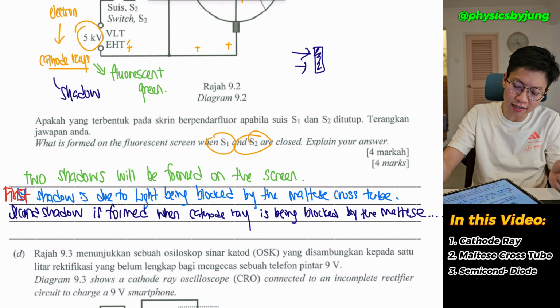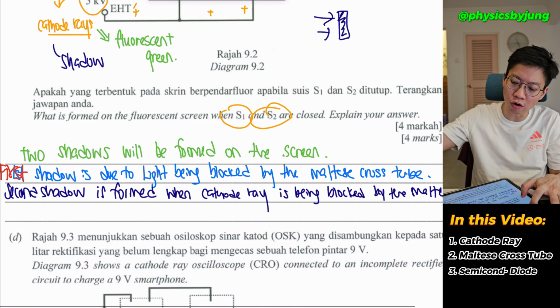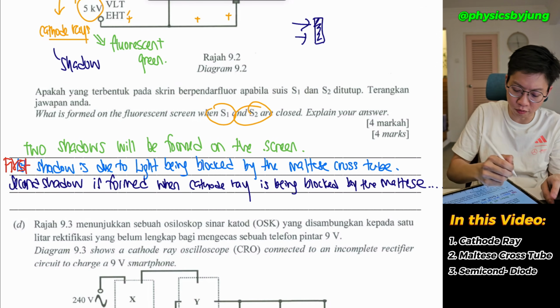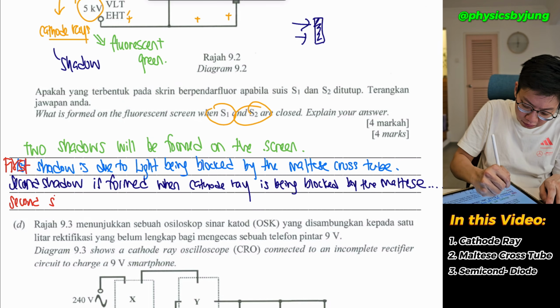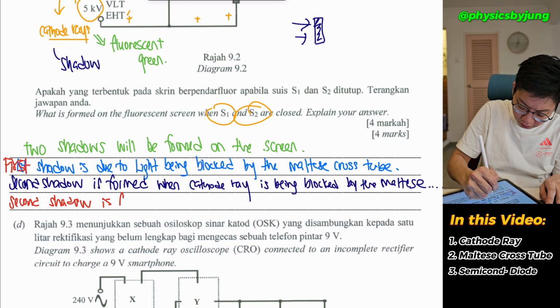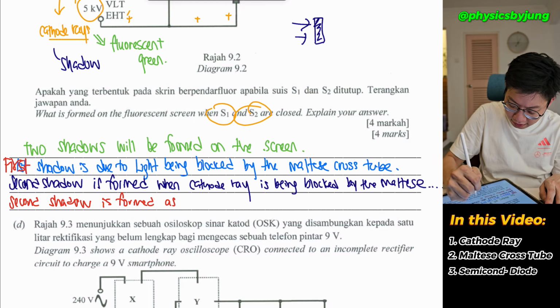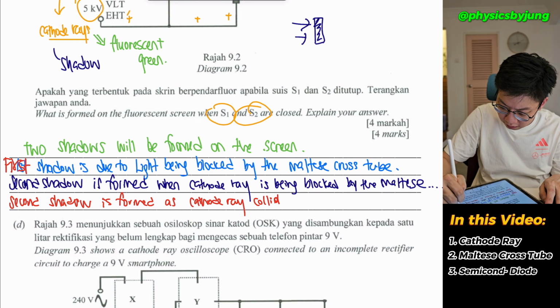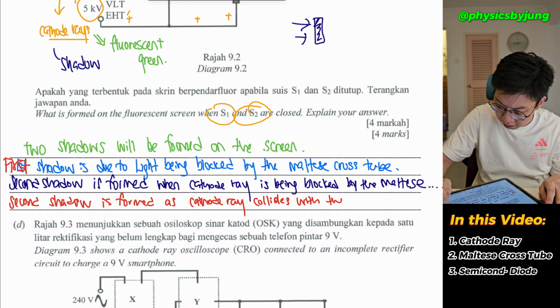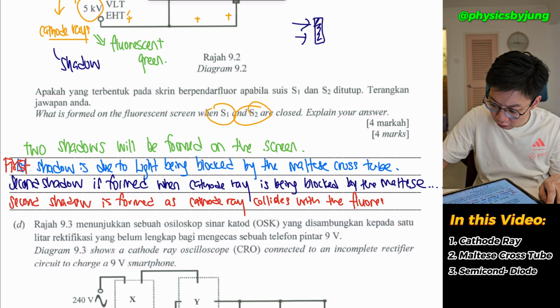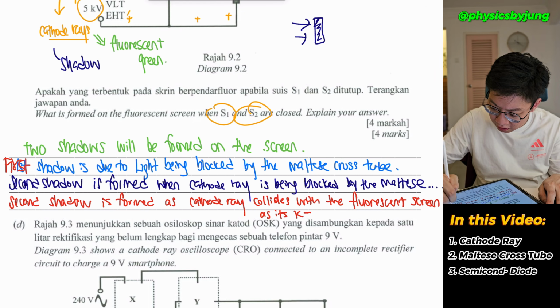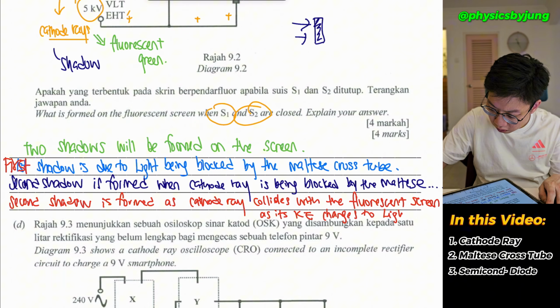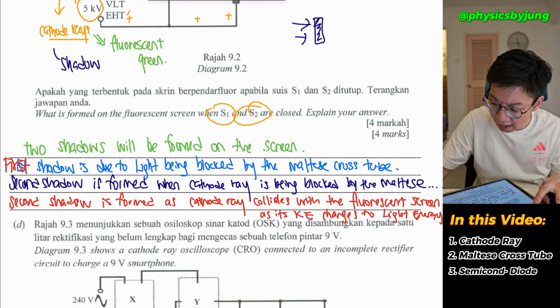Okay, then finally the last one. So we have to explain why your cathode ray being blocked will form a shadow. So we can say that your second shadow is formed as cathode ray collides with the fluorescent screen as its kinetic energy changes to light energy.